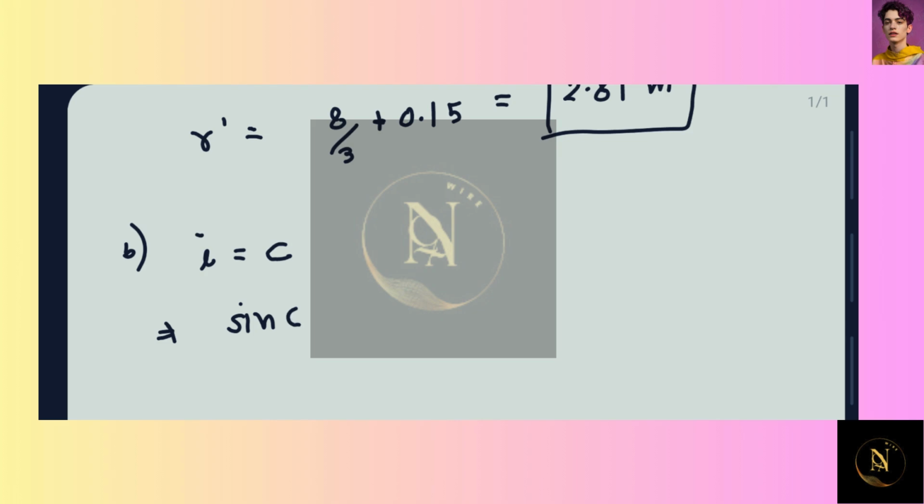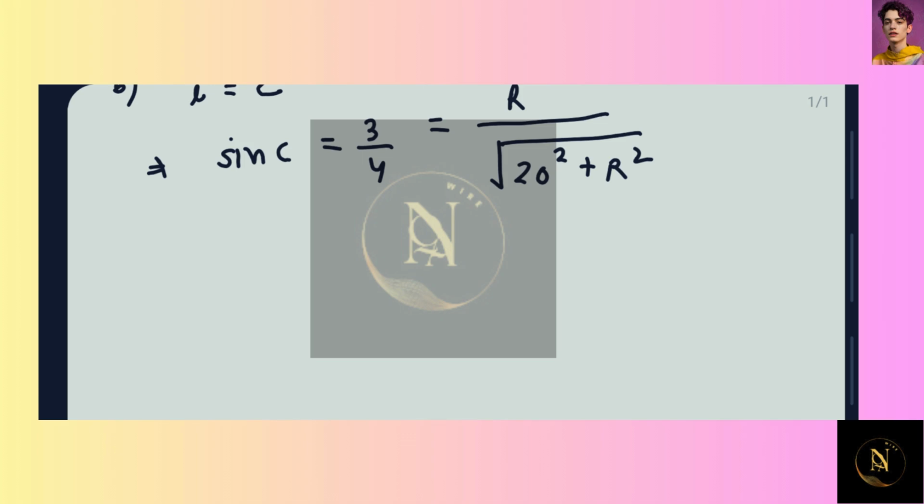So in that case, sin C would be equal to 3 by 4, which equals R upon square root of 20 squared plus R squared. When we simplify this, we get R as 22.67 centimeters. So this is the maximum radius of the ring.